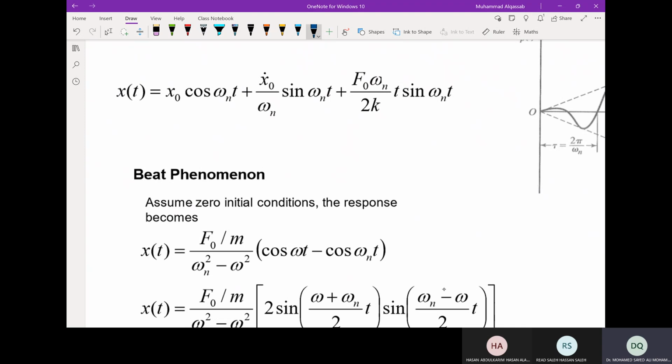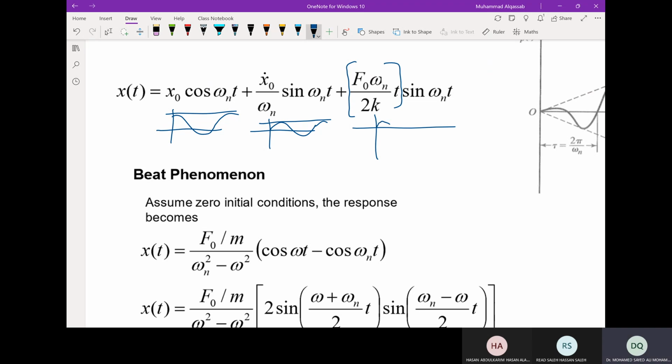So the plot of cosine omega n t, the amplitude is the same, right? Which is equal to x0. The second term is a sine wave, and the amplitude is the same, equal to x0 dot over omega n. The amplitude of the third term, whose coefficient contains t, is the equation of a straight line.